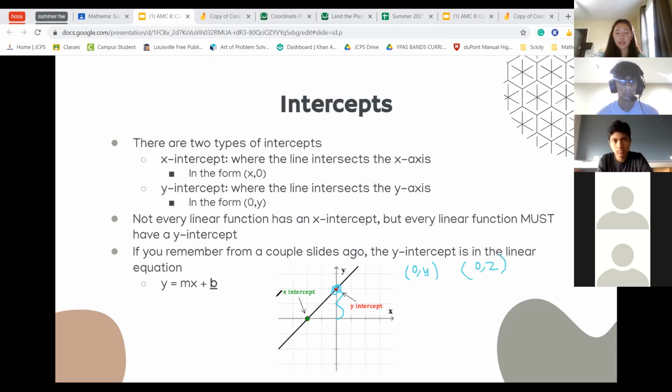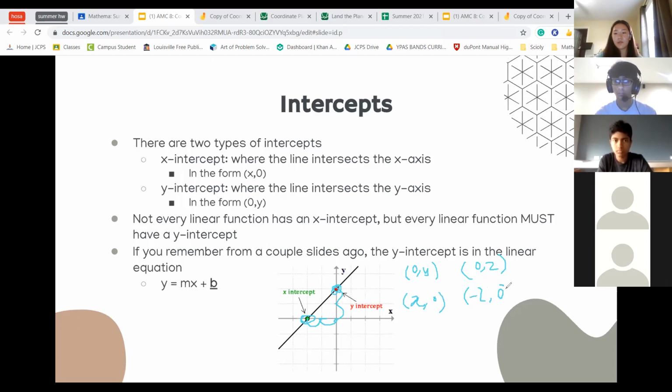For our x-intercept, we know it's going to be in the form of x, comma 0, and we can see that this is negative 2. I saw a couple of you put positive 2, but this is going to the left, so it's going to be negative. So it's negative 2, comma 0. Good job if you got that.